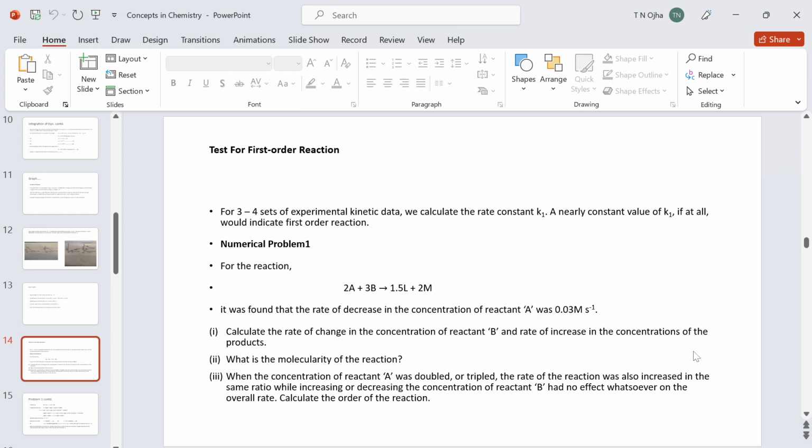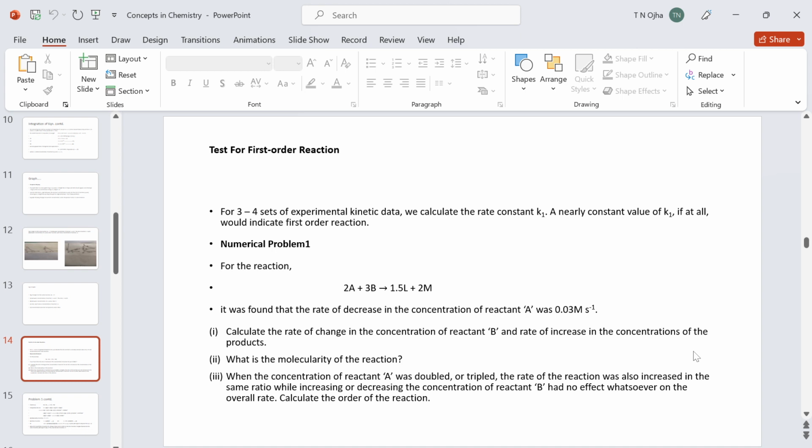Test for first order reaction. From the given data, how can we know whether a reaction is first order or second order or third order? The best method is to use graphical display method or to simply calculate velocity constant using equations for first order or second order or third order.